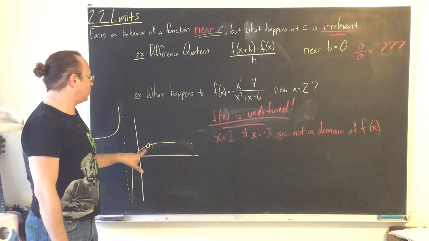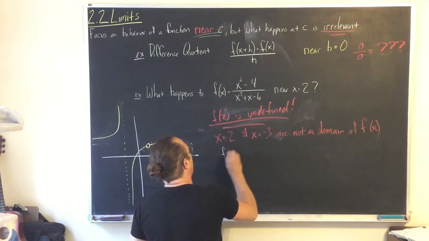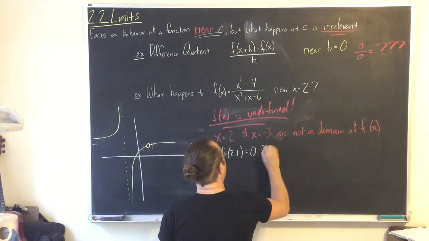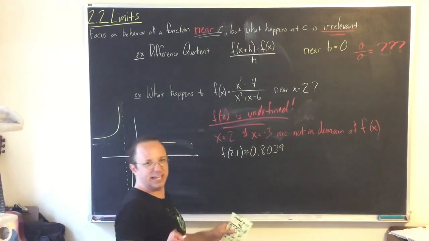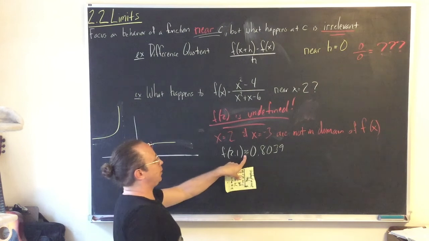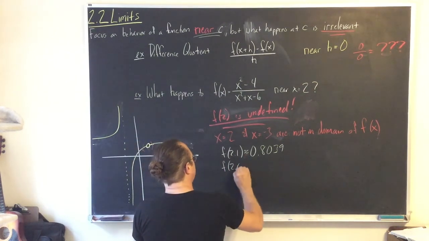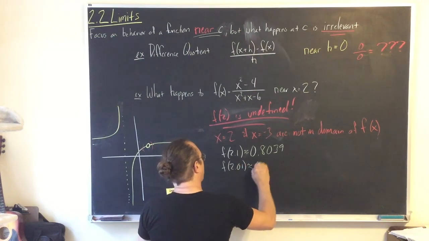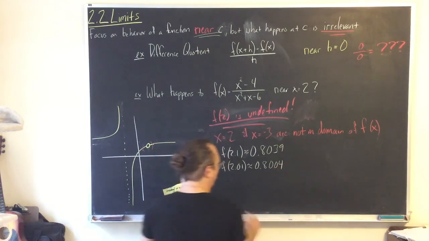And we can look at function values nearby, such as if we ask what f of 2.1 is, that gives you 0.8039, rounding up decimals-ish, with a wavy equal sign, meaning it's close to that, not exactly. We could also do f of 2.01, and there we get 0.8004.